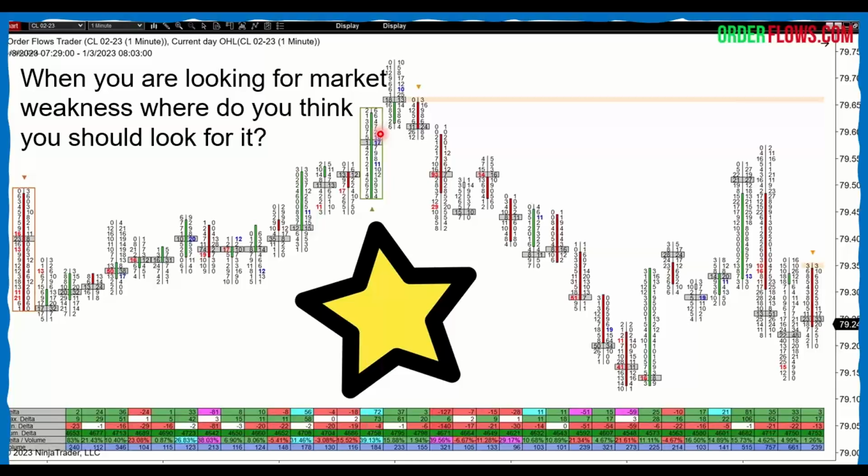It's getting a little bit weaker as the market keeps going up. So that tells me it's probably a good short opportunity. We're at a swing high, and as we were coming up into that high, that aggressive buying that was there to move it to a swing high is getting weaker. Because once that aggressive buying dries up, the market is probably just going to fall over, and it drops again really quick from 79.60 down to 79.10. It's a quick 50-cent move, right? That's this morning, just at 7:45 this morning in crude.